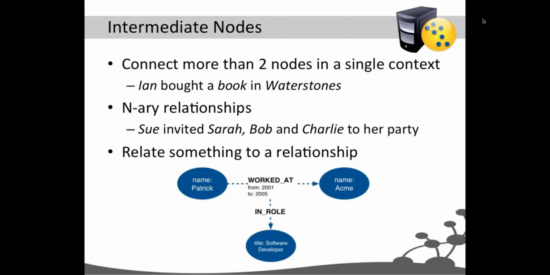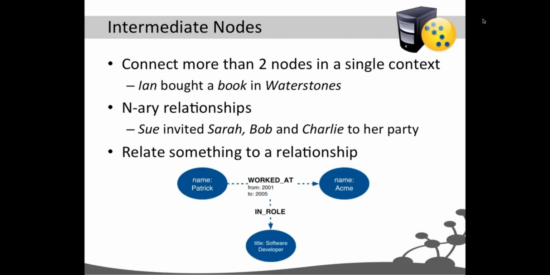We've got a node that represents Ian, we've got a node that represents a particular book that he's bought recently, and we've got a node representing the shop Waterstones. So we want to bring all of these three things together. We're describing a particular fact here, the fact that Ian bought the book. We want to bring all of these three things together in a single context to describe that fact. So that's one of the drivers for using intermediate nodes, and we'll look at what the intermediate node comprises in a second.